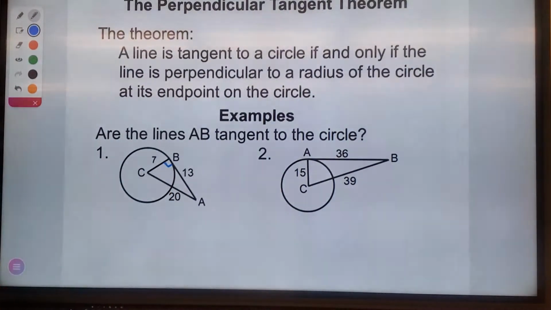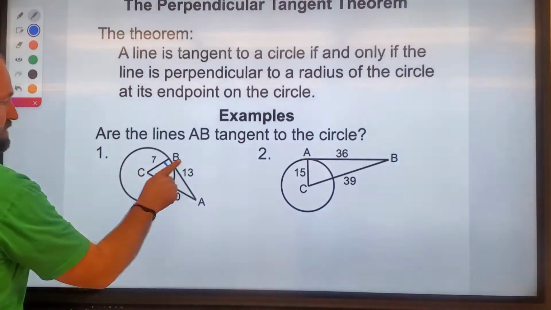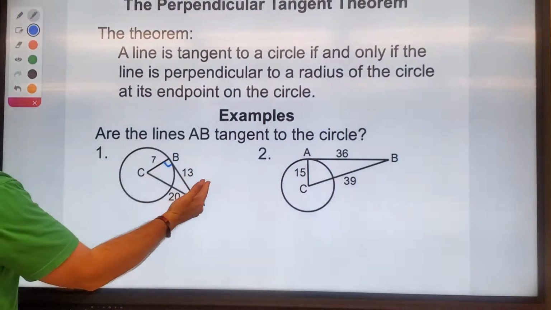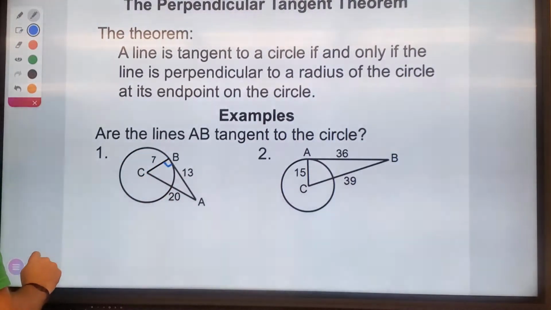Okay, and we have to think back about the things that have helped us out as far as perpendicular or right angle and theorems that we've discussed. The biggest theorem that should come to mind here is the Pythagorean theorem, and that's how you're going to check these. You take the two legs, square those and add them together, and that should equal the hypotenuse squared.